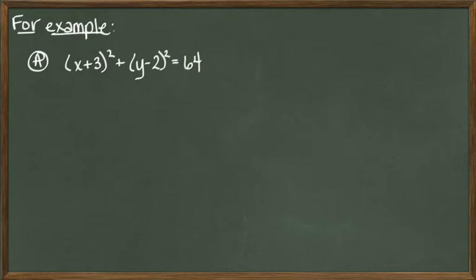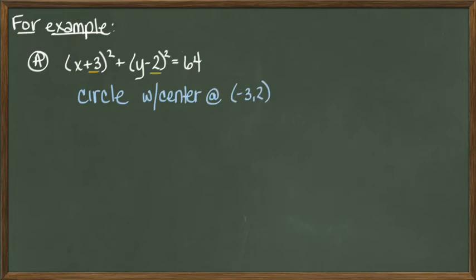This doesn't look like we usually do. It's been moved up 2, right? Because it is attached directly to y as opposed to being on the other side of the equation or outside of that actual calculation. So we go left 3, we go up 2. And then instead of my radius being 1, my radius is actually 8. So now I've got a circle with a center at (negative 3, 2) and a radius of 8.